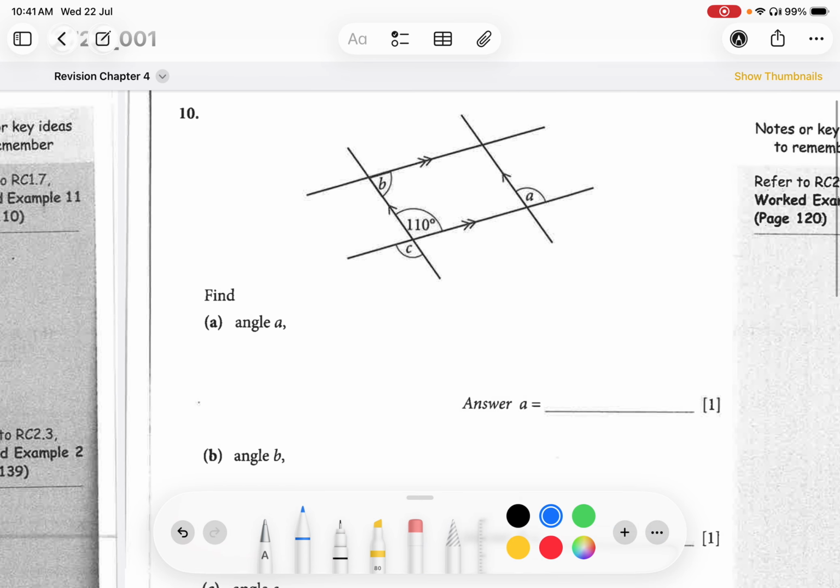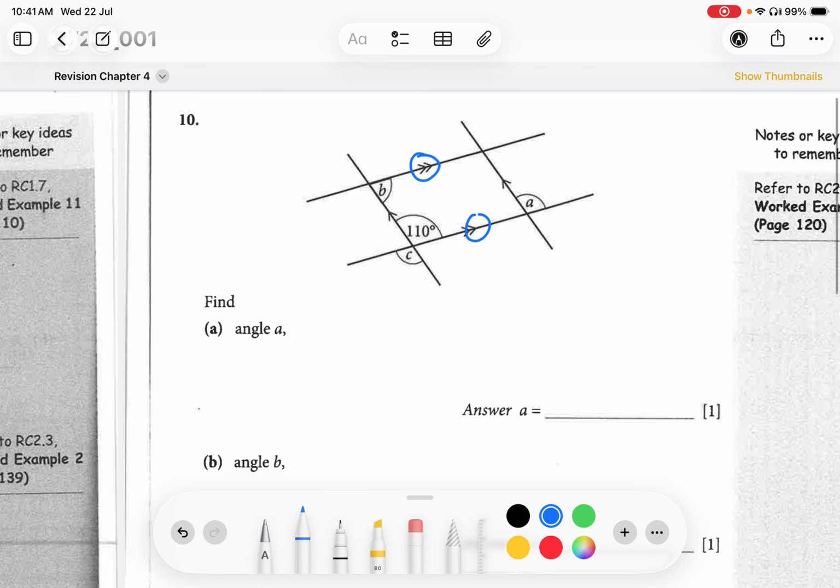Find angle A. So you see these two arrows, and there's a U shape here. This means that these two add up to 180 degrees. From here, my angle B is just 180 minus 110, which is 70 degrees. You see these two arrows here, this is also 180 degrees.